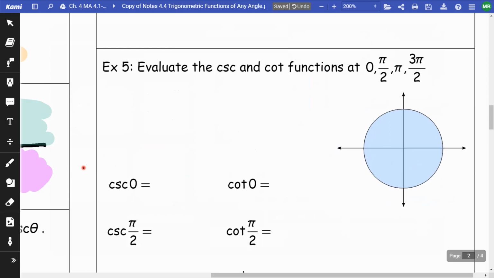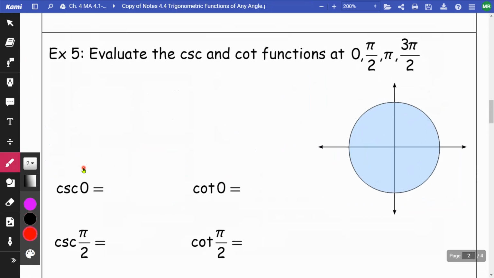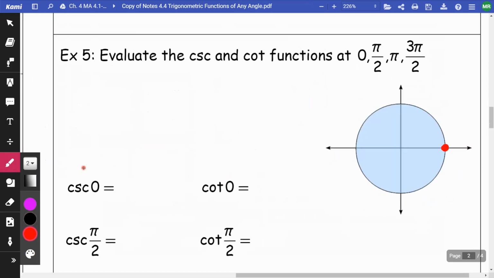Okay, so the values I'm going to be looking at: 0, which is 1, 0 on the unit circle. This is pi halves, which is 0, 1. This is pi, which is negative 1, 0. Let me make that look like a negative 1. And this is 0, negative 1.